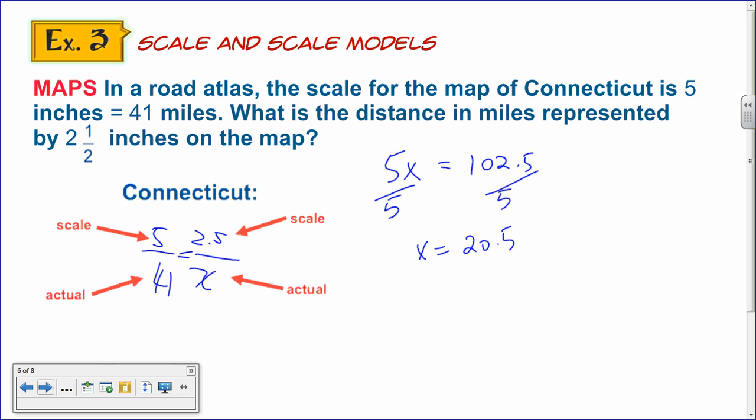What's 5 over 10? 1. You guys understand why I wrote it 5 over 10, right? What place is that? Okay?